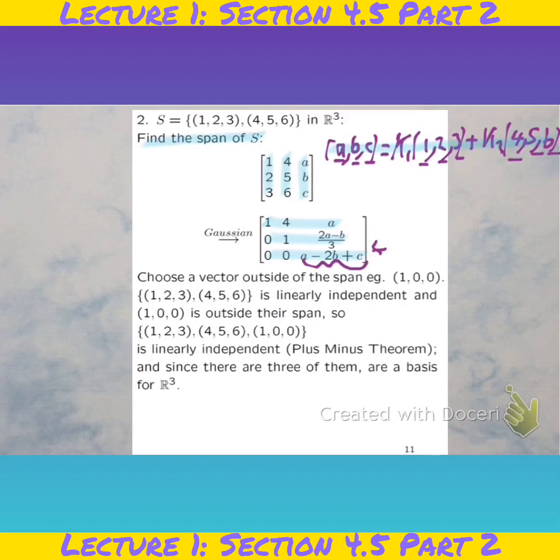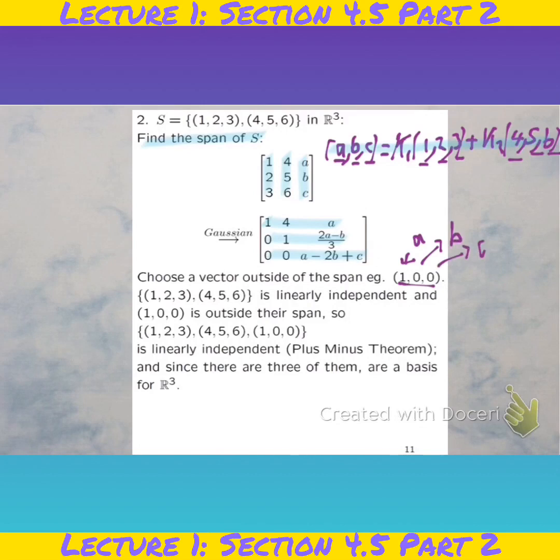So all I do to pick a vector outside of the span of S is just pick a vector that will make the system inconsistent. And I do that by simply picking this vector here, where that is my value for A, that is my value for B, and that's my value for C.